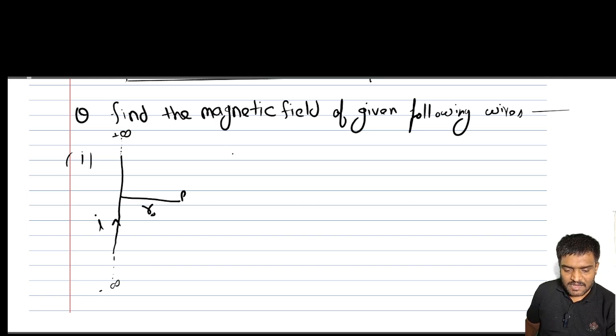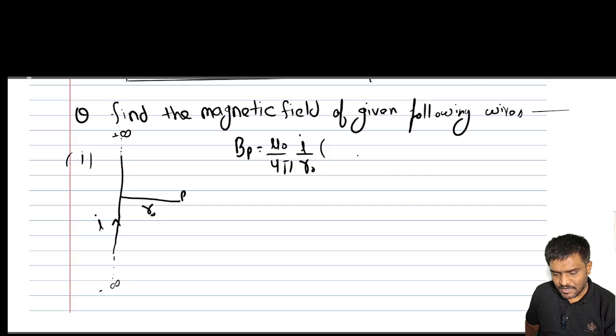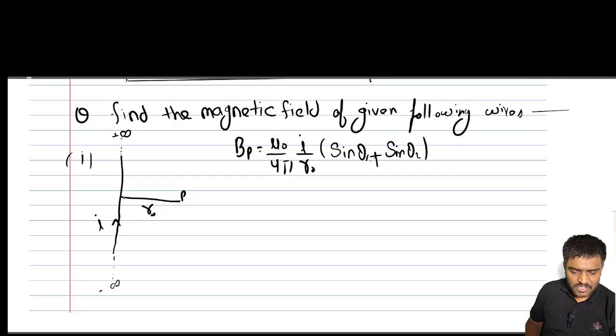Okay, we have the formula magnetic field Bp is equal to mu naught upon 4 pi, I by r naught, in brackets sin theta 1 plus sin theta 2. So what is sin theta 2? This is zero angle. When we go up it becomes 10 degree, 50 degree, 80 degree.